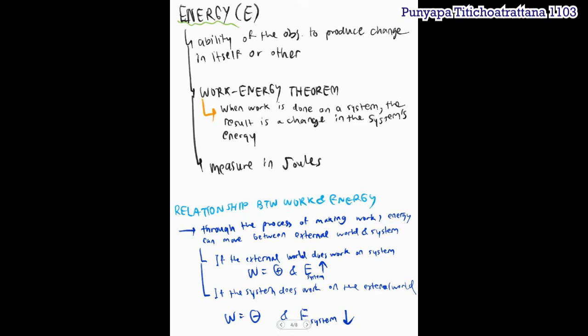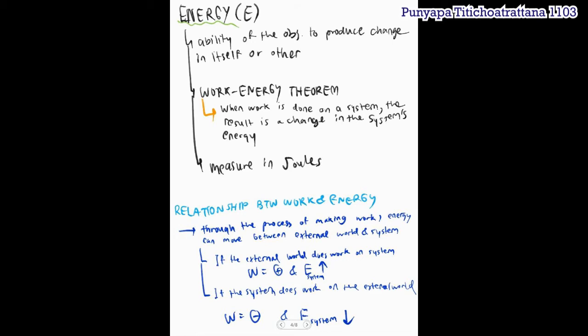So let's move on to energy. Energy is the ability of an object to produce a change in itself or others. We also have to know what the work-energy theorem is. The work-energy theorem is when work is done on a system and the result is a change in the system's energy. Energy is also measured in joules, and through the process of doing work, energy can move between the external world and the system.